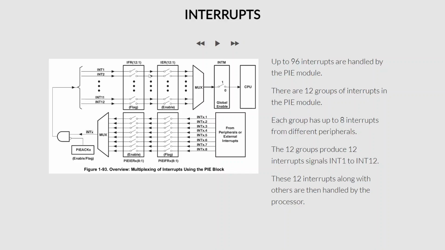Even for me to actually design this lecture, it took quite a while, right? I had to make sure that I got this entire layer correctly. So there are several layers, from the peripheral to the PIE module, from the PIE module to the processor, and finally at the processor. These are the levels we have to go through.